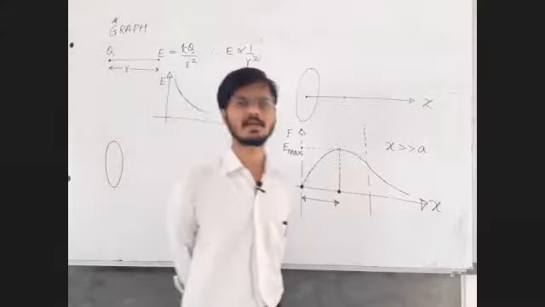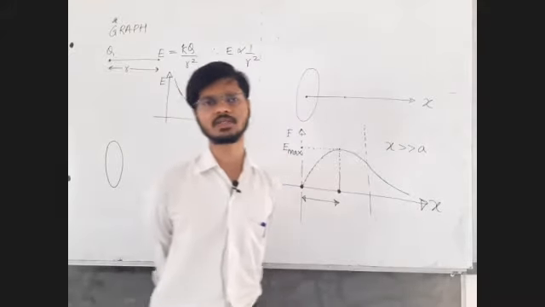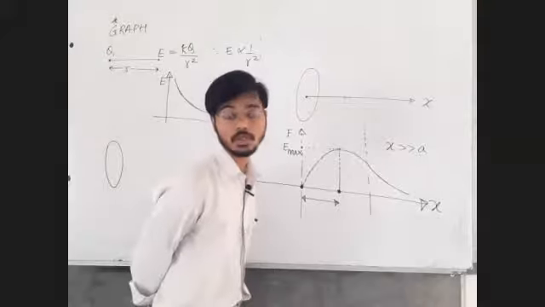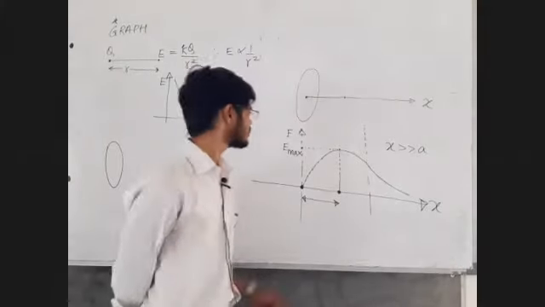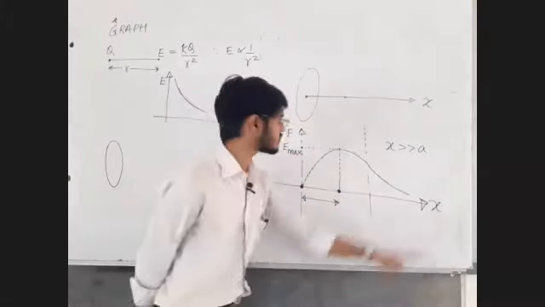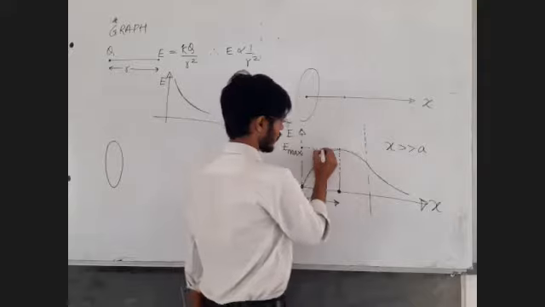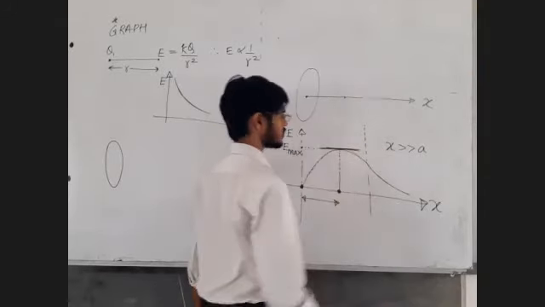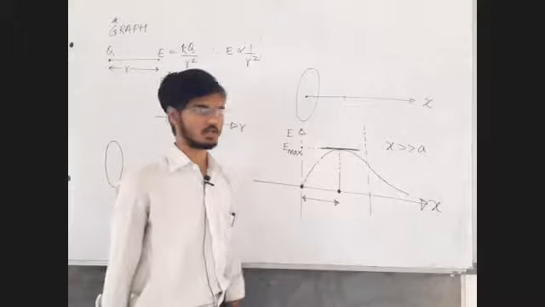How to solve the maxima minima problem? Derivative equal to 0. Which derivative equal to 0? Sir, derivative means slope. So slope equal to 0. Which slope equal to 0? Slope of electric field versus x is equal to 0. Okay, sir. Here draw the tangent. What is the slope of this tangent?